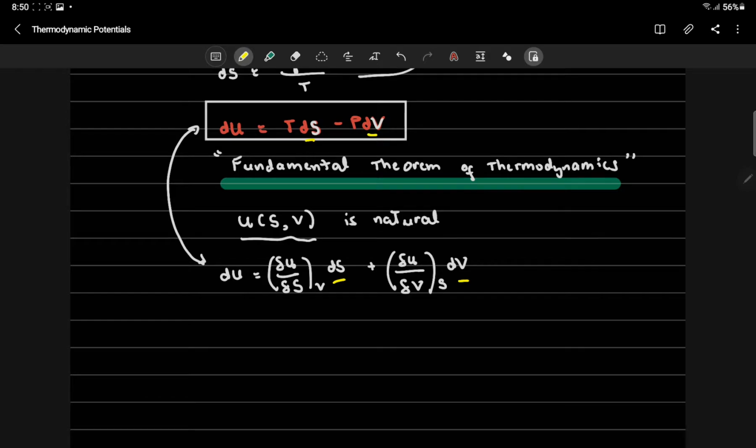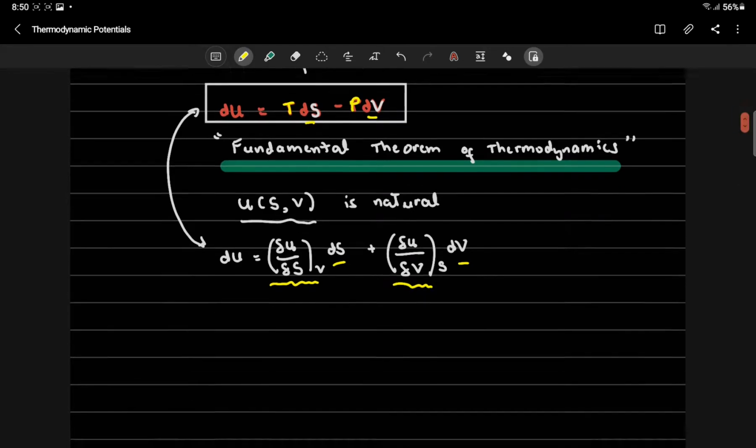So it looks like if we're going to compare these two equations, this factor here is equivalent to temperature here, and this factor here is also equivalent to this pressure na nakasulat doon sa equation. So let's write that down.